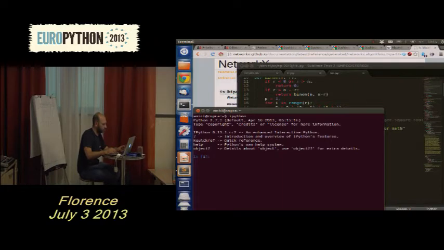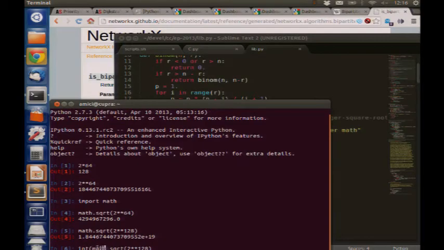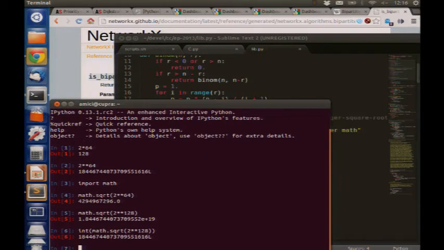Let's see, I don't remember what the limit is, but probably if we do 2 to the 64, import math, square root of 2 to the 64. Okay, it's not enough. Okay, now I lost significant digits. Let's do int. It's like this.